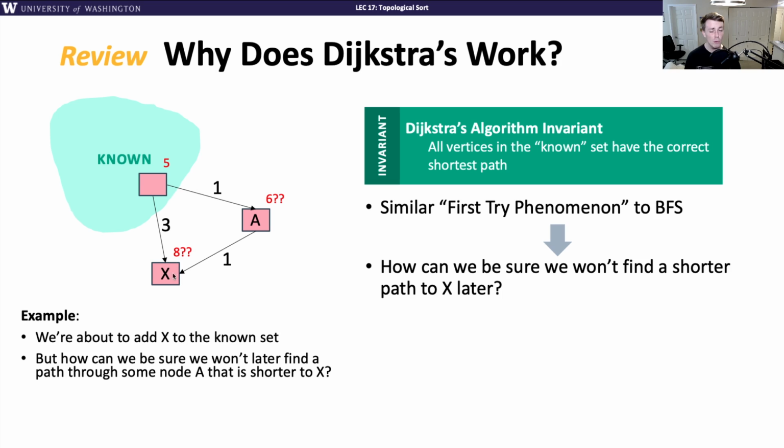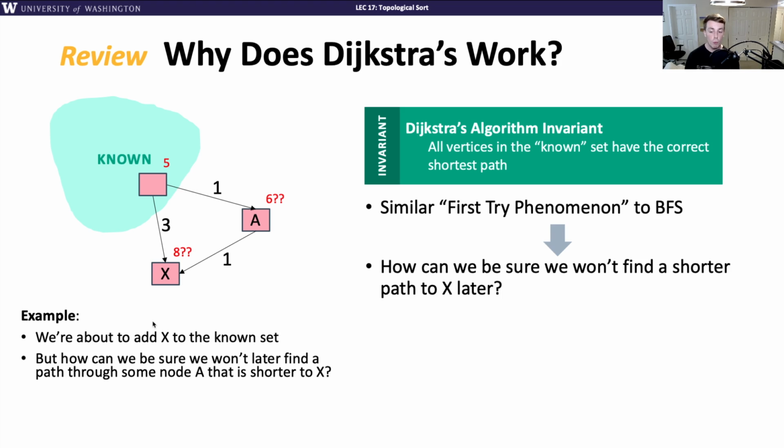And so we'd propose that the distance is 8. And we're probably nervous about, well, if I were to add x to my known set, how do I know that there's no shorter path, maybe through this node A, that is ultimately shorter than the proposed path from this blank node to x?